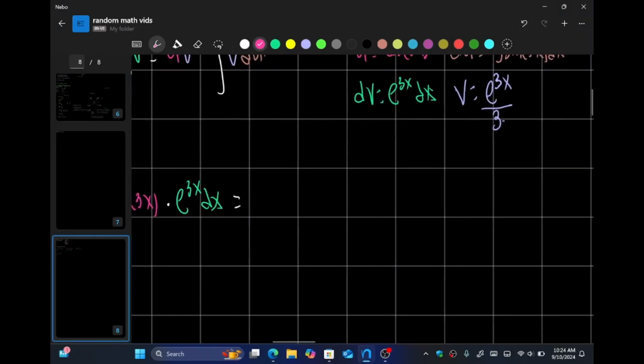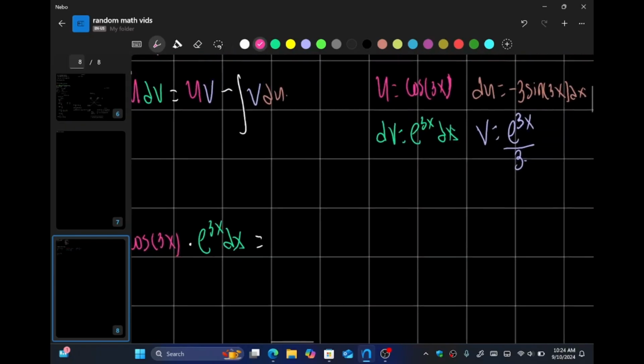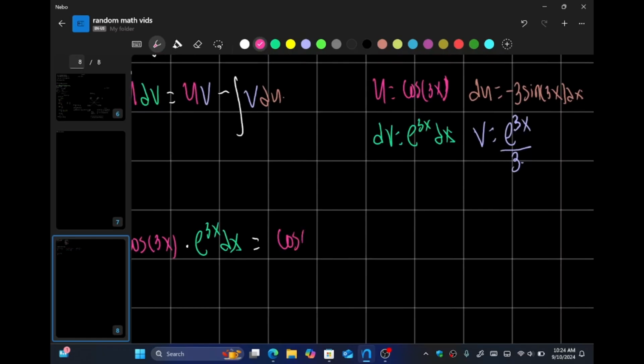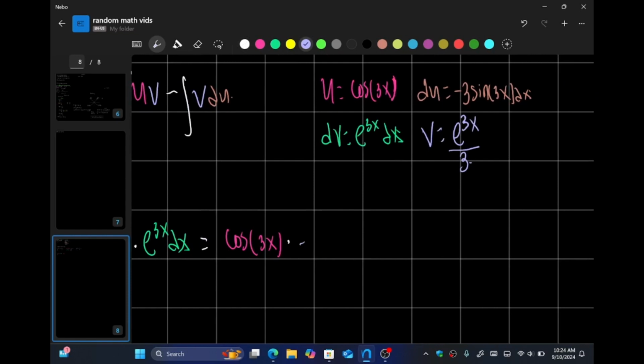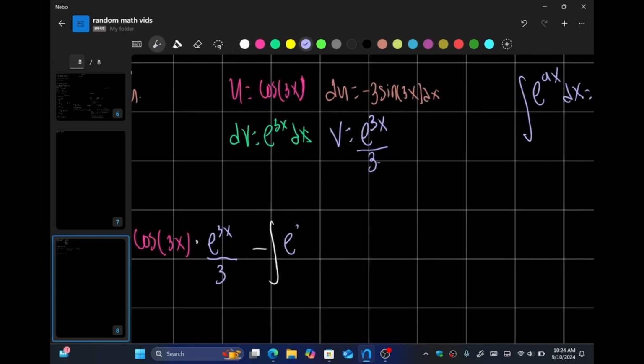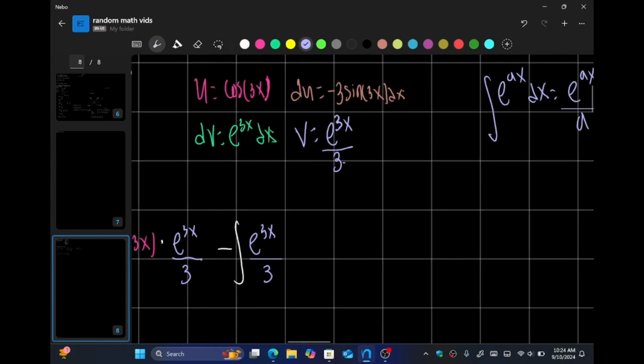So this is equal to cosine of 3x times v, so times e to the 3x over 3, minus the integral of e to the 3x over 3 times du, which was negative 3 sine of 3x dx. So it would be this way.